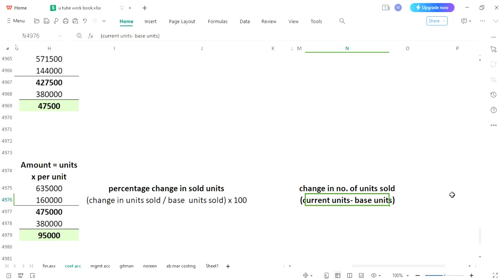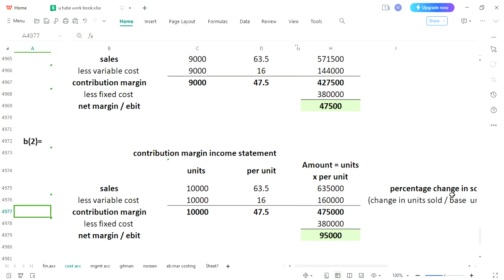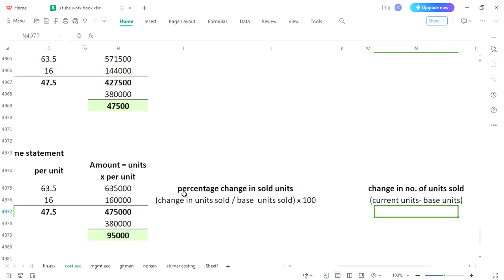Though orally it would be very easy for you instead of writing, because in writing time would be consumed. Current units for this particular question is 10,000 units. So you can put 10,000. And base is also asked to be 10,000 units.